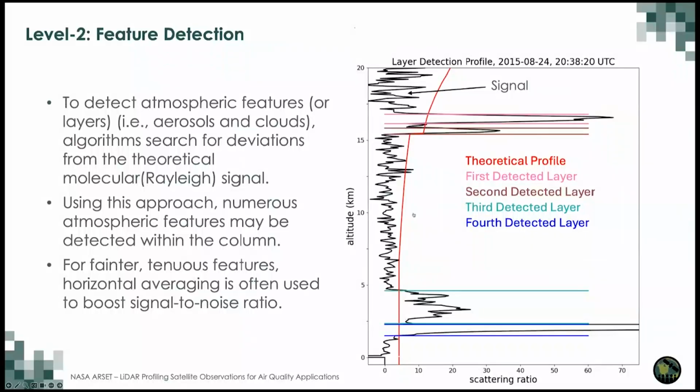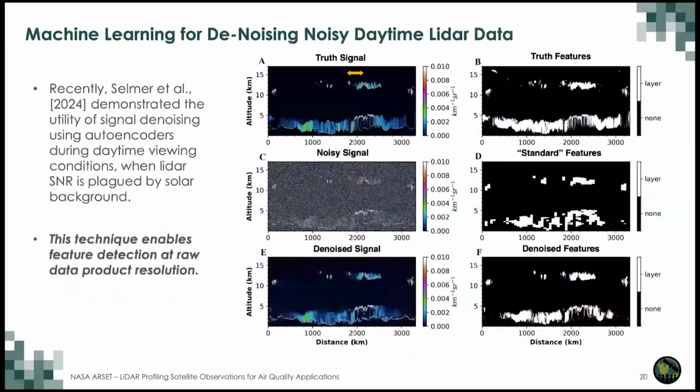And for tenuous layers, it's not uncommon for LiDAR algorithms to have to average horizontally to beat down noise and improve signal to noise ratio so that these features pop out from the theoretical curve. So that's sort of the traditional approach for feature detection.